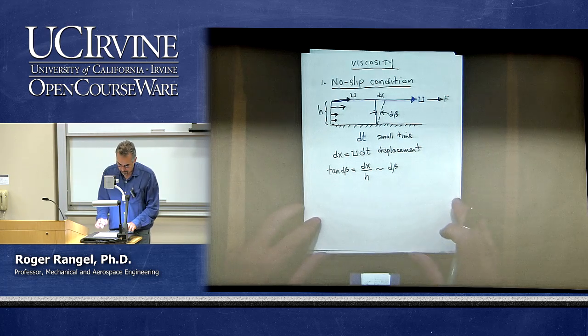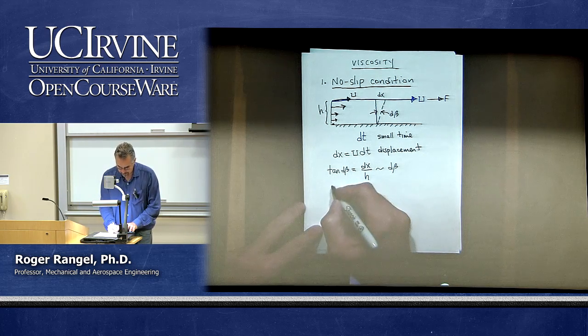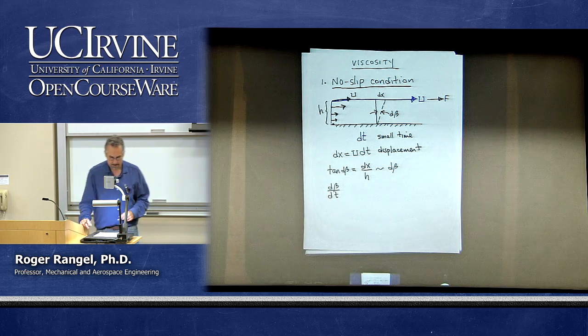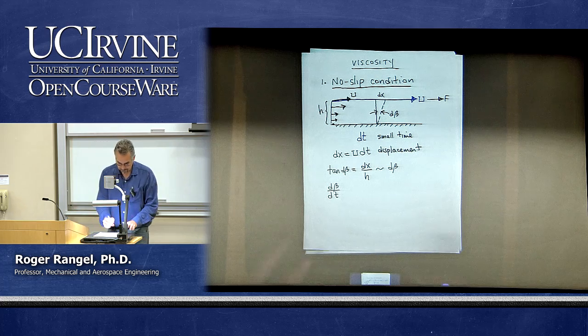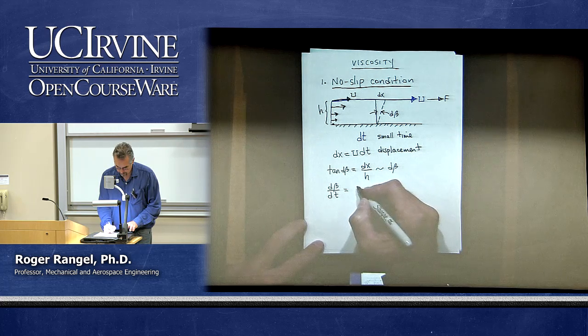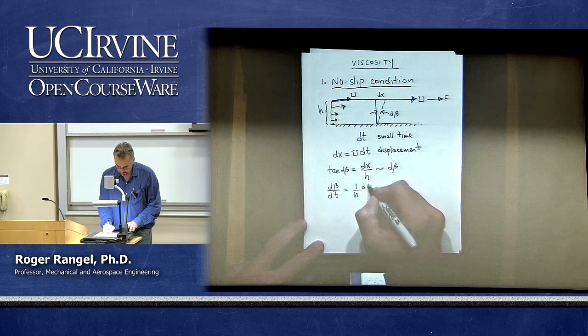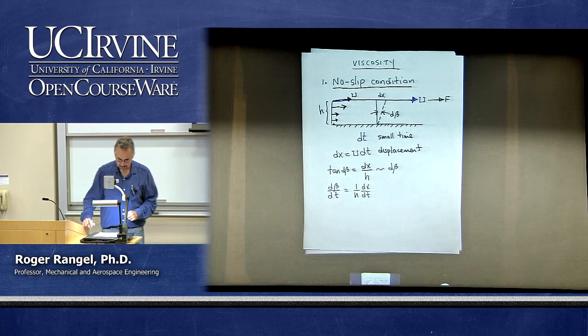and that's dx over h. So if I now look at the time variation, if I just take the time variation of beta by dividing by dt, then what I have, of course, is 1 over h dx/dt.